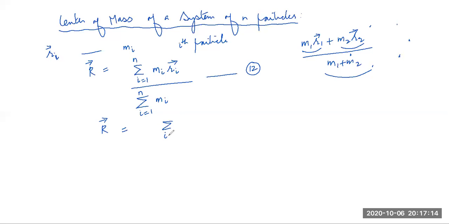The summation i equals 1 to n of mi ri vector divided by the total mass. Can I write total mass as M, where M is equal to m1 plus m2 plus and so on up to mn? Am I right? Okay. So now guys, see, this is the constant.